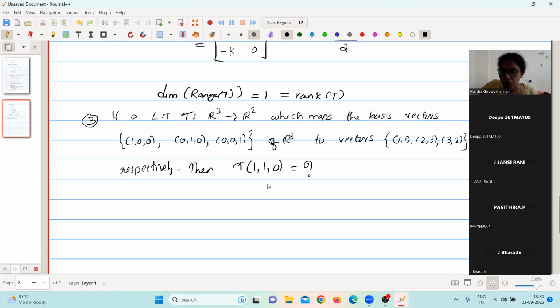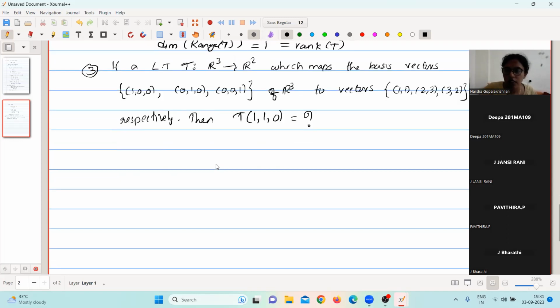So the question is to find the value of T at (1,1,0). How can we start with this question? How can we solve? Any idea?